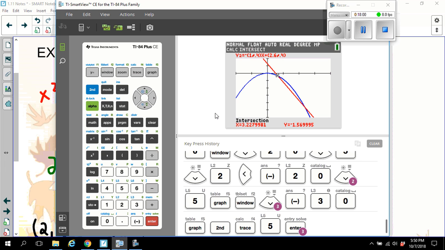There we go. So it looks like here, using the graphing calculator was a better option because we do get decimals as our answers. Let's go ahead and round our decimals to 2 decimal places. So it looks like for our first intersection, we have 3.23 and negative 1.57. Now let's make sure we write that as an ordered pair.